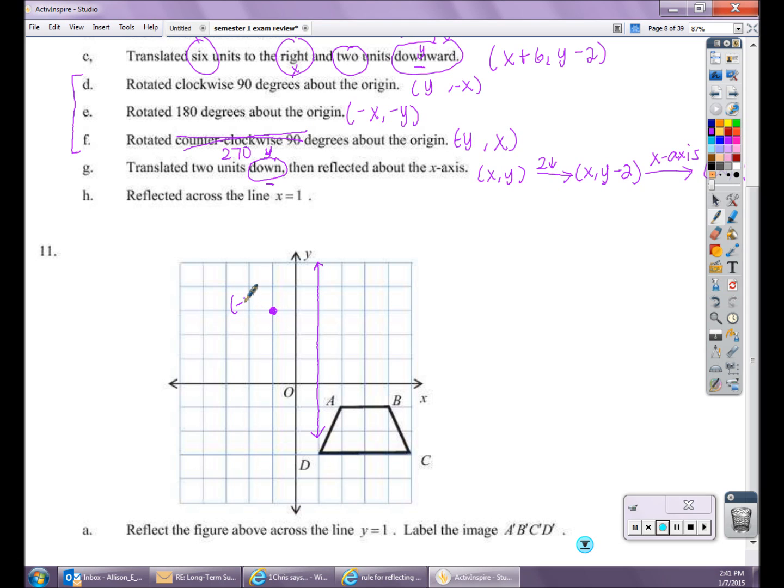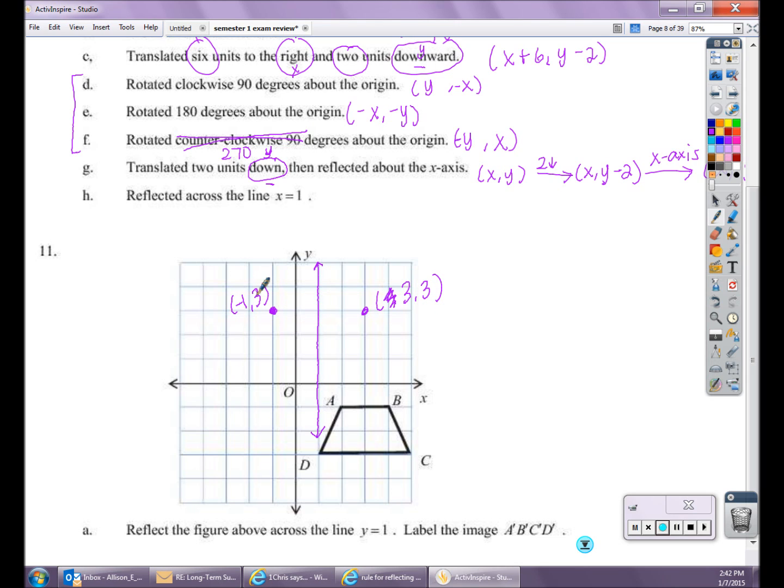All right, so there's negative 1, 3. And I'm going to reflect it over here. So I'm going to count 1, 2, across 1, 2. So my new point becomes 3, 3. Sorry. 3.